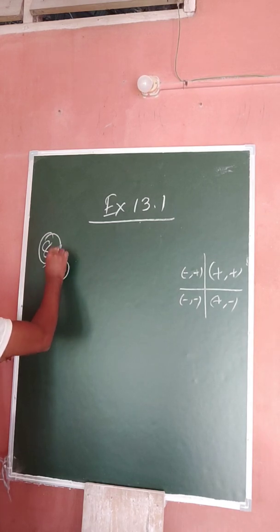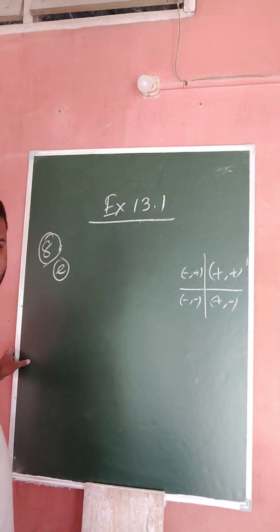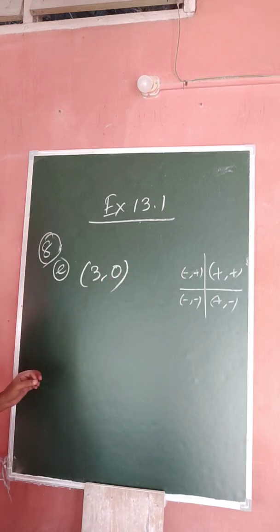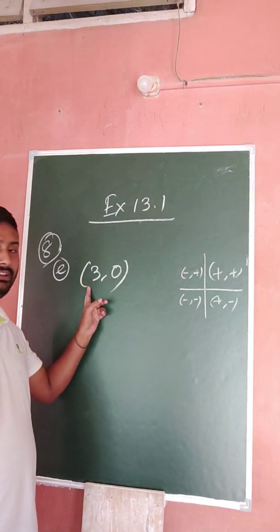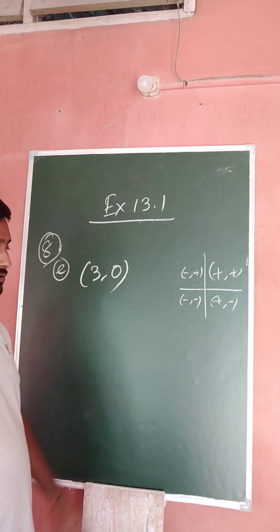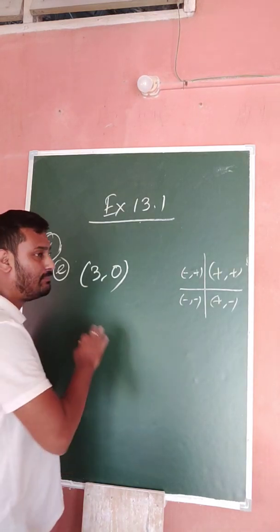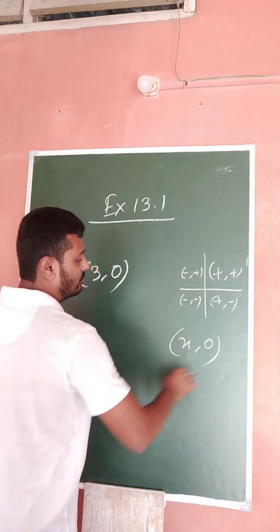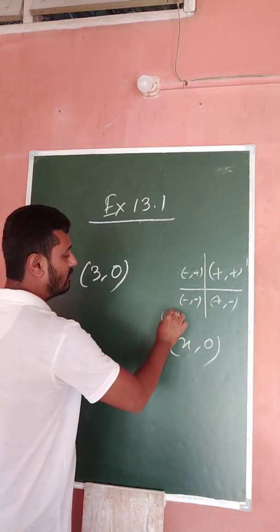Now come to question number E, which is 3, 0. In this case, the x coordinate is 3 and the y coordinate is 0. We already discussed that any point on the x-axis has the coordinates x, 0.